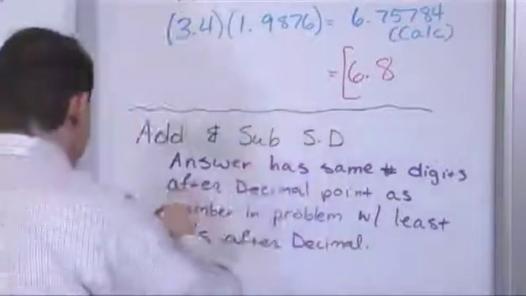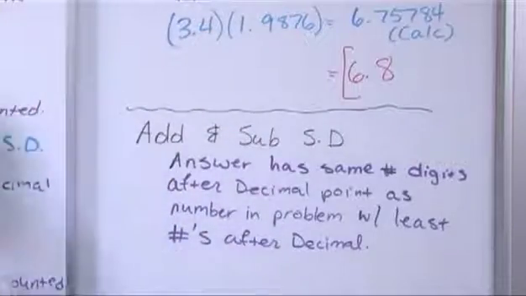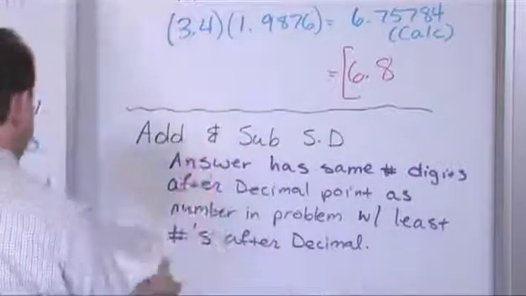So this is a little bit different of a rule, all right? So let me give you an example. And then we'll do a ton of examples on the next board here.